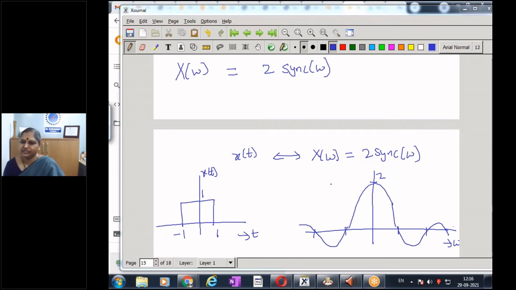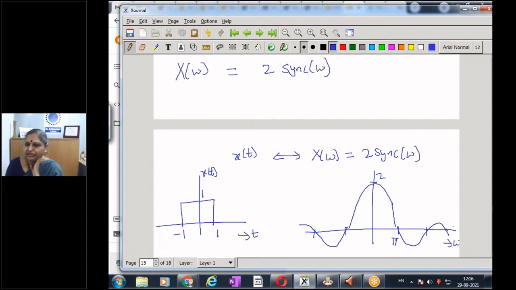My zero crossings of the sinc function occur at... anyone? So take the argument equal to pi. So the argument is omega equal to pi. So my zero crossings are at pi, 2 pi, minus pi, etc. So this is one example.